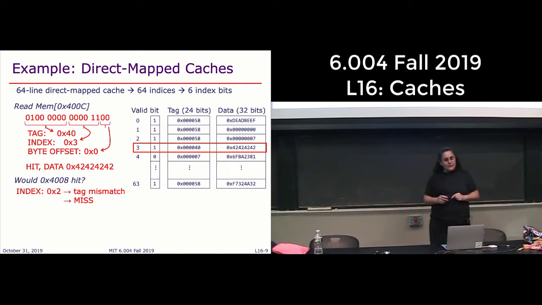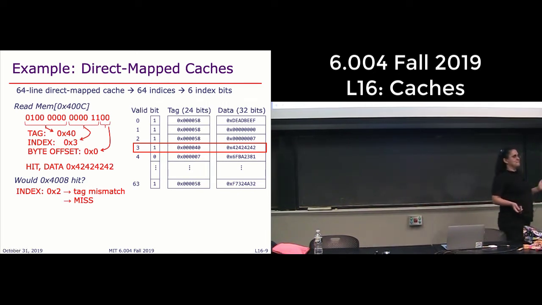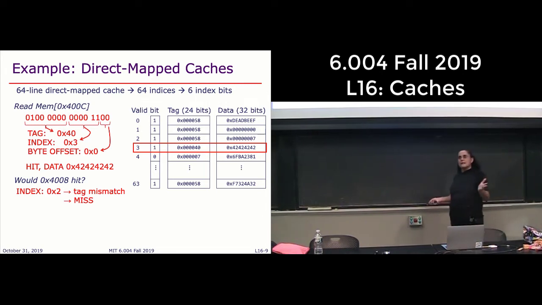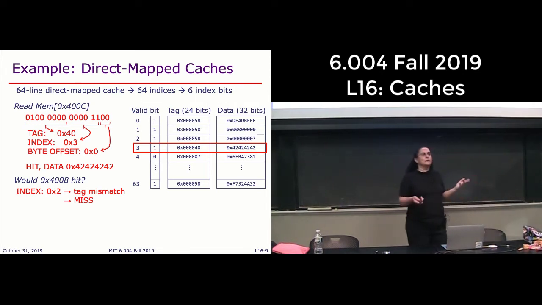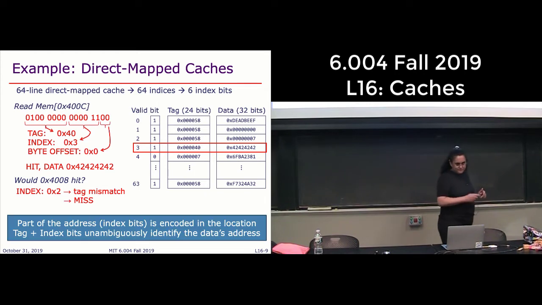My index here is a 2. If I look at index 2 in my cache, I see that the tag is 0x58, whereas the tag I'm looking for is, again, 0x40, and so this time I got a miss. All right? So that's basically how we go about looking up something in our cache.